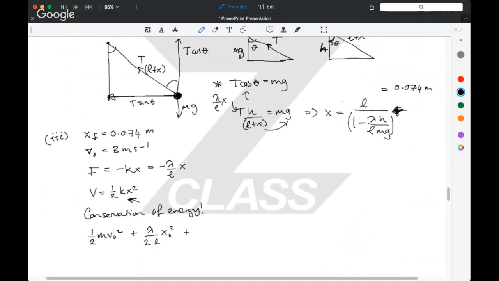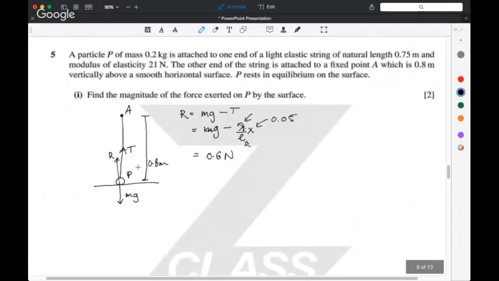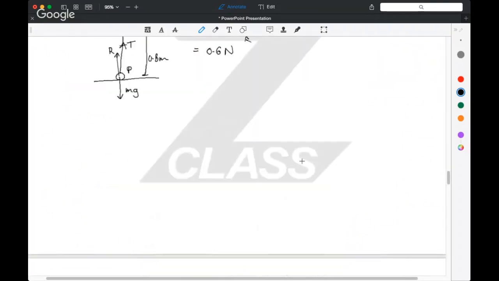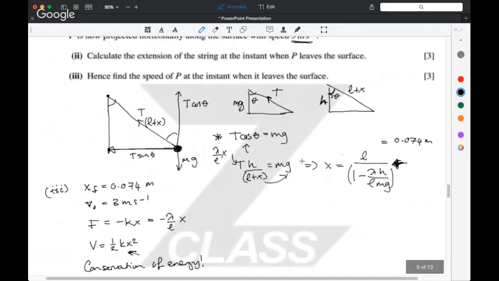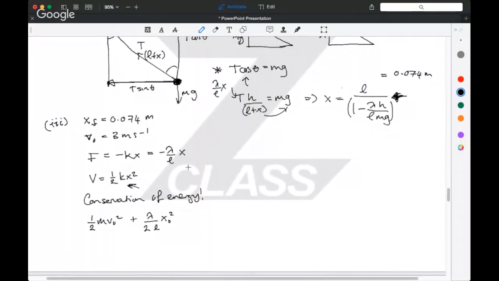That is the extension in the elastic string. Here the extension was 0.05, right? And now it's longer.